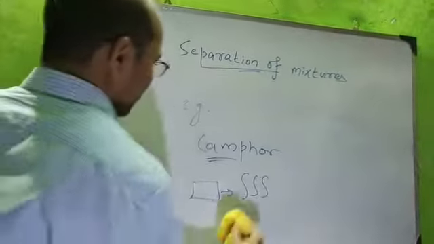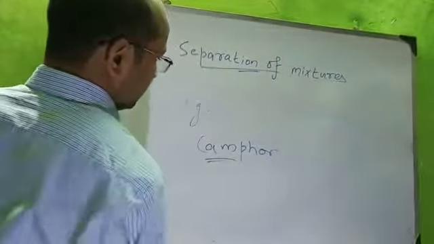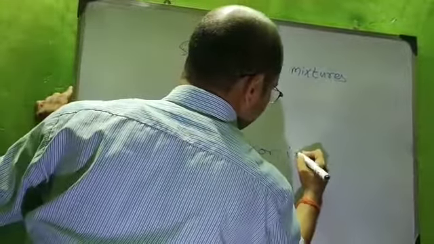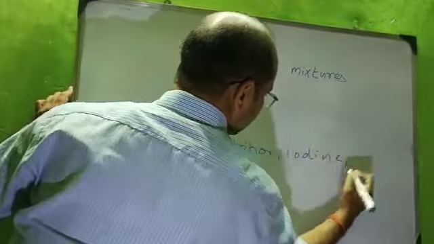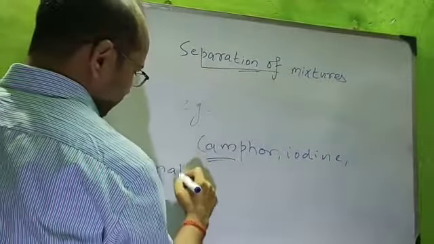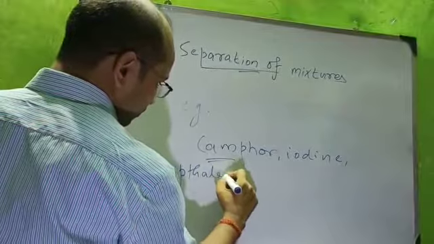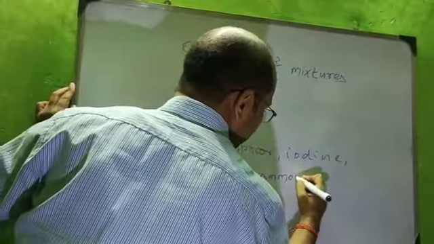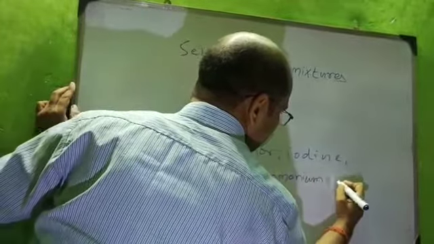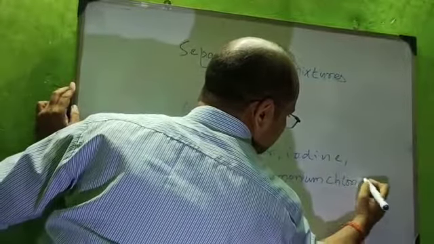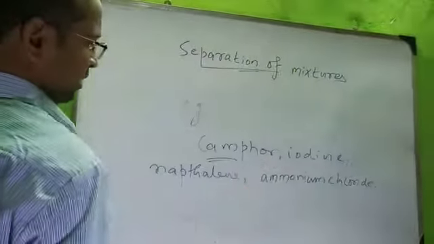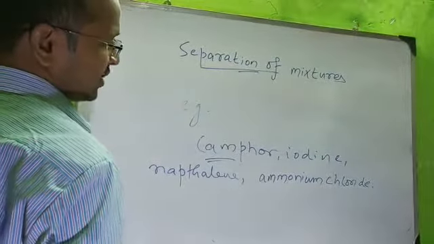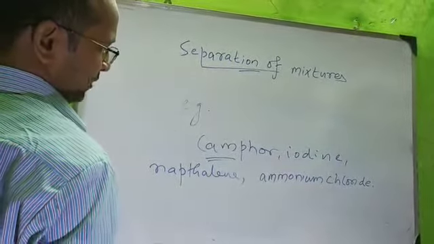There are some more examples, like iodine, naphthalene, and ammonium chloride. These are the substances which change their state from solid to vapor.